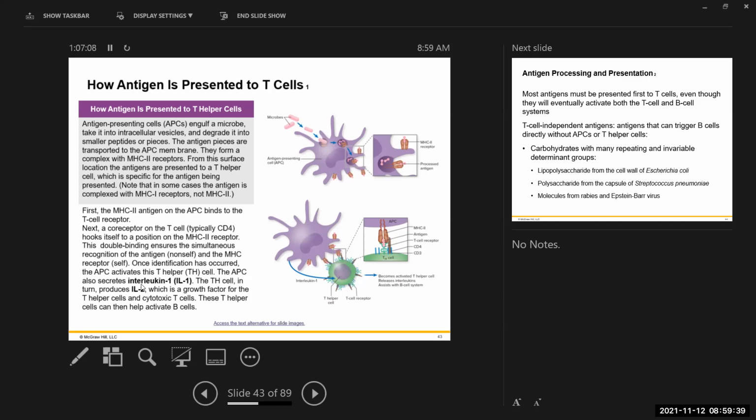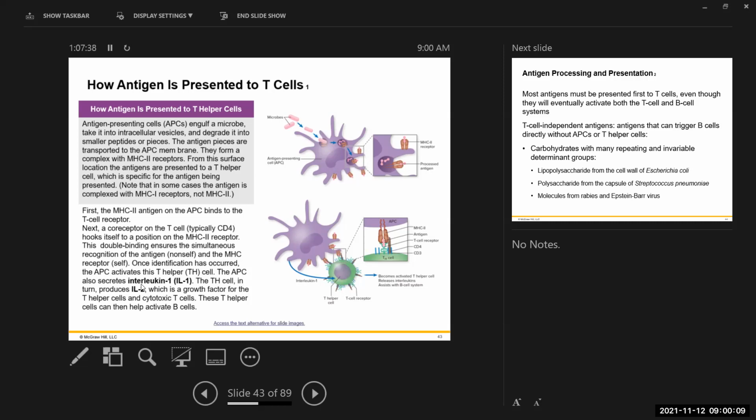What's the license? The license is that it needs to, number one, have that antigen given to it by a class 2 molecule. And notice that that class 2 molecule also interacts with the CD4 protein on the surface of the T cell. So you need that contact between the T cell receptor and the antigen bound by the MHC2.